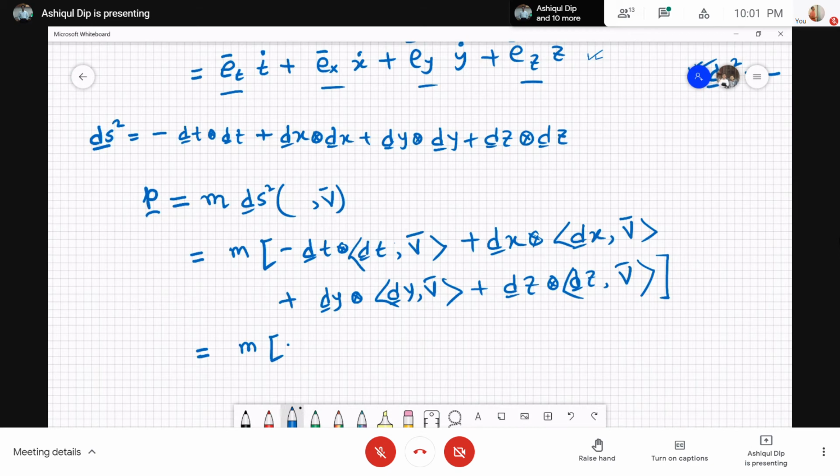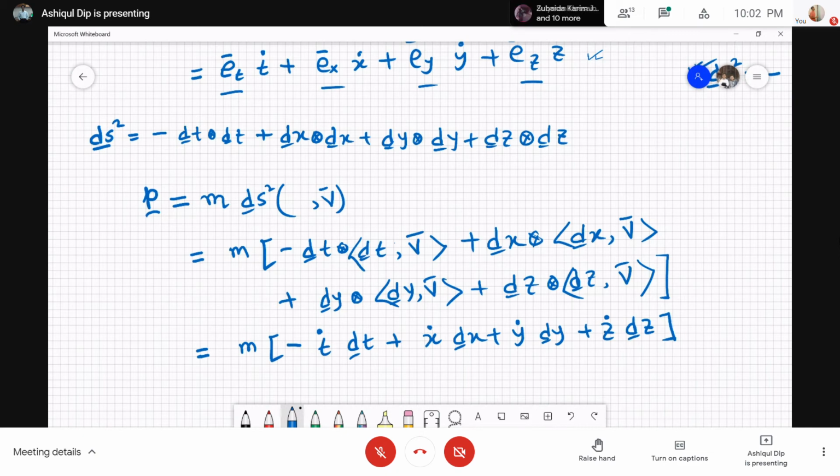So it will be like negative T dot dt plus, when you pierce that, you get X dot dx, plus Y dot dy plus Z dot dz, right? Like that. That's our momentum.